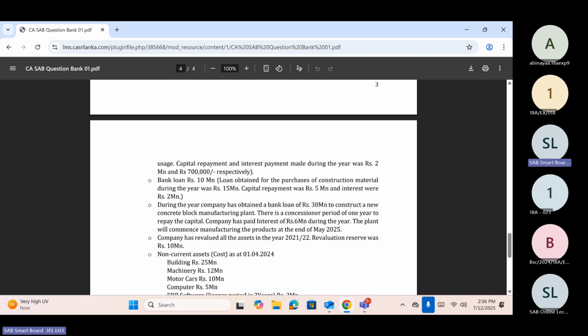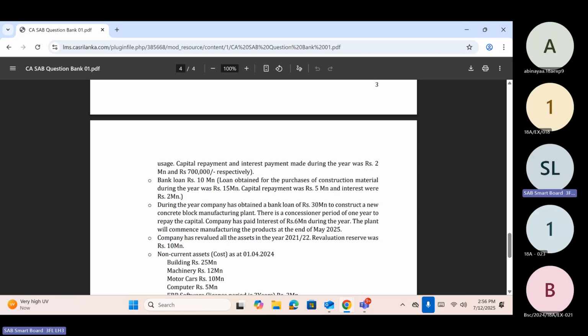Borrowed money used to construct an asset, but asset has not been used during the year for the production of income.